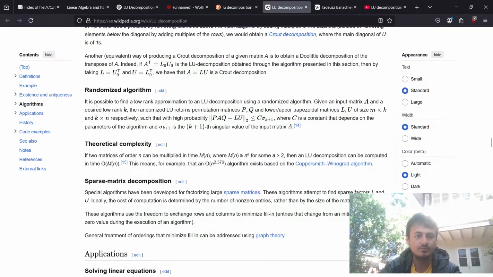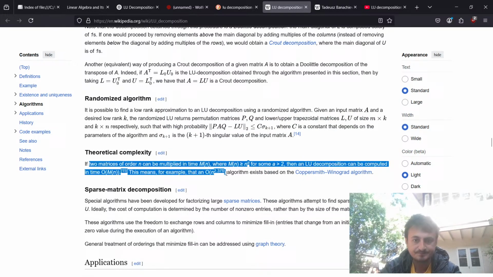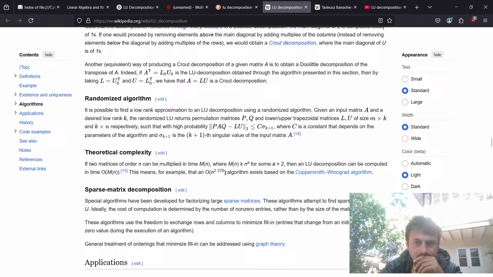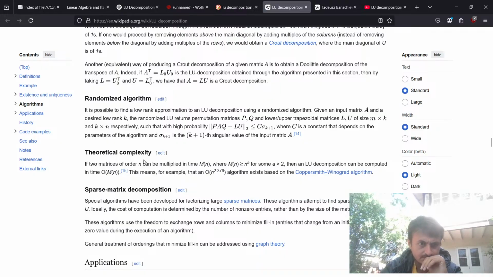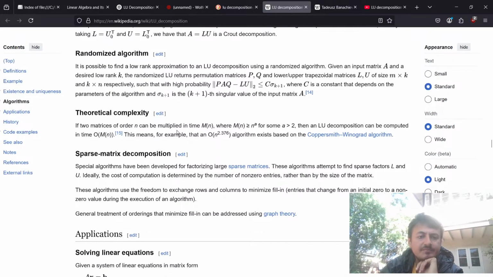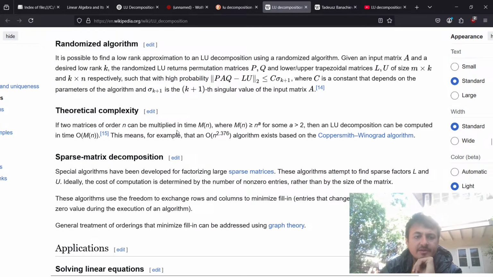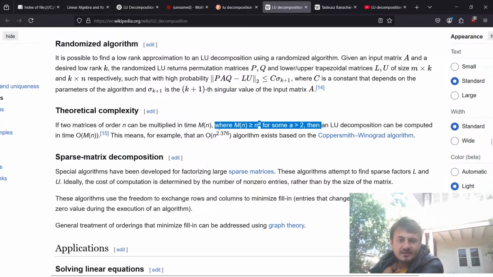There we go. Way, way down. Oh, interesting. If two matrices of order n, I'm guessing that's just the size. What is the order of a matrix? I don't even know what that means. Can be multiplied in M(n). They really don't even need to say this.